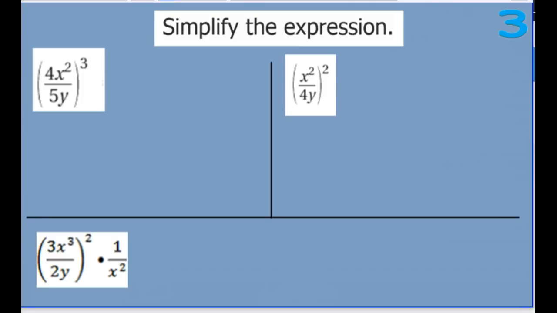Alright, our next problem gets a little bit trickier. Start by writing whatever you have inside your parentheses. So inside we have 4x squared over 5y.